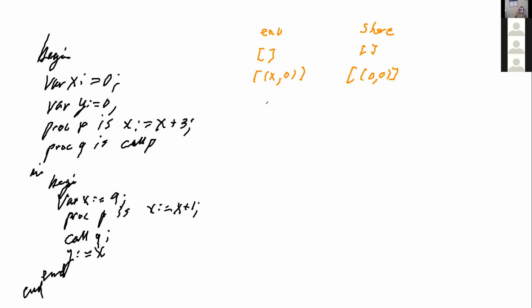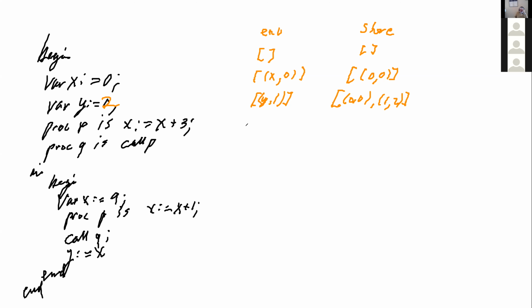After I go here, Y points to the next location, which is 1, and location 0 gets mapped to 0. Now location 1 gets, maybe I should make this a 2. Location 1 gets mapped to 2.